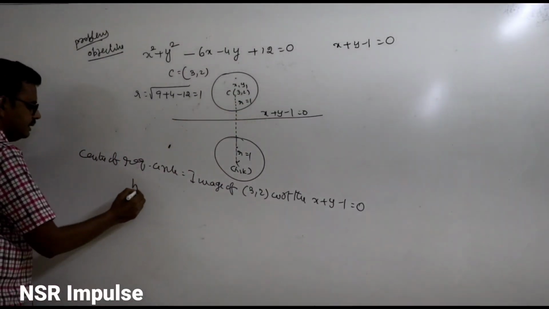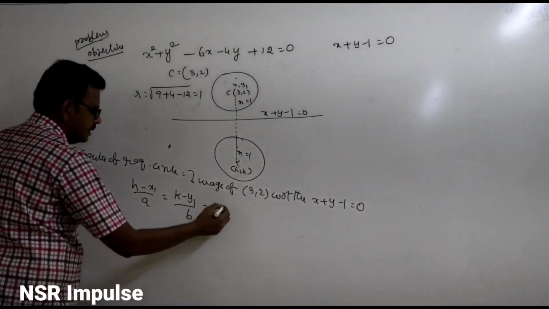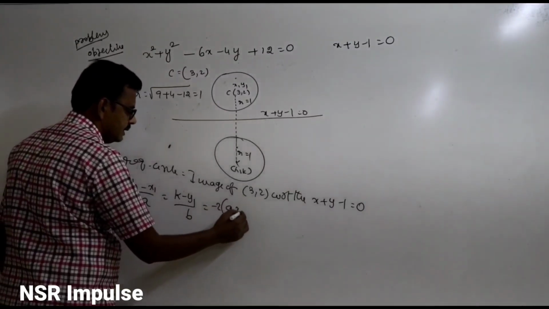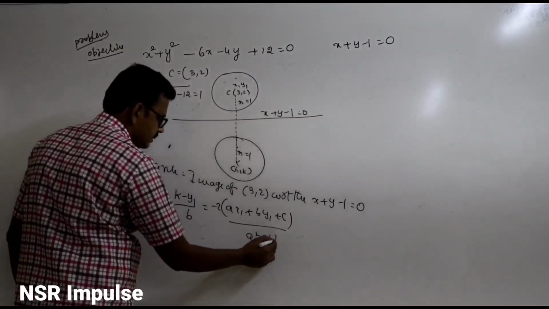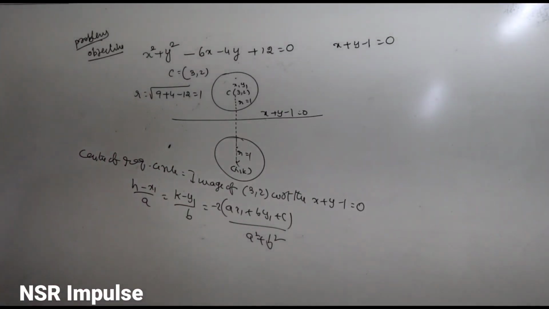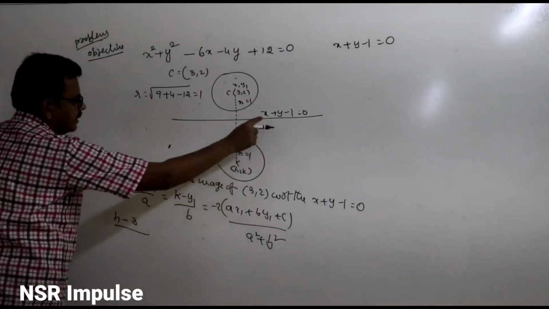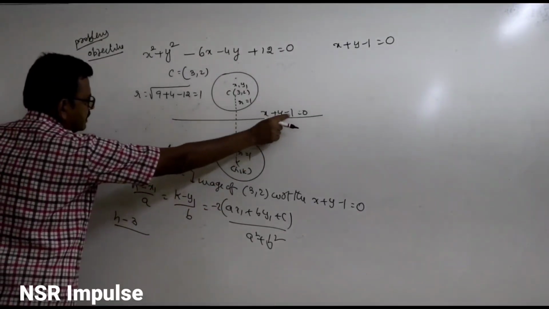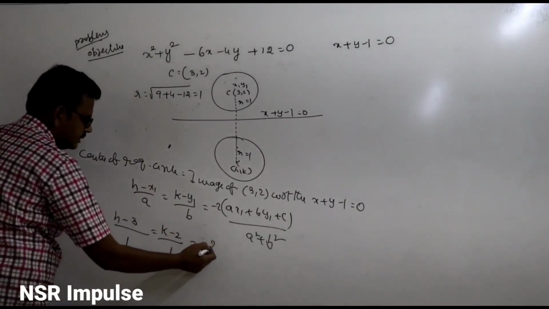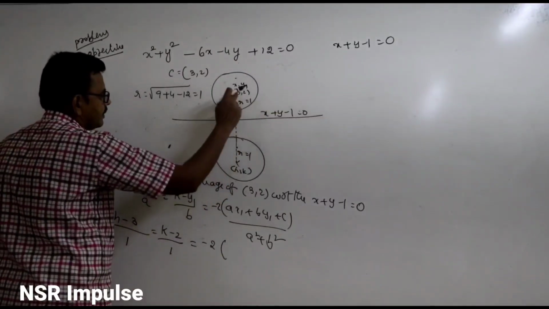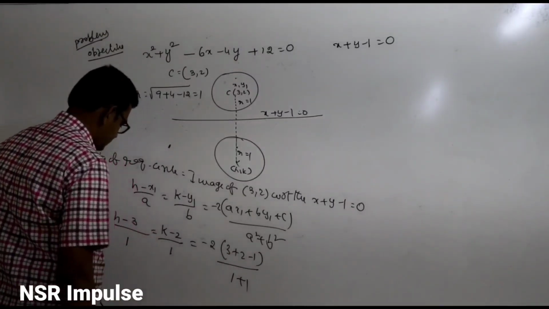Image formula: h minus x1 by a equal to k minus y1 by b equal to minus 2 times of (ax1 plus by1 plus c) by (a square plus b square). h minus x1 is 3 by a is a b c. a is 1, b is 1, c is minus 1, equal to k minus 2 by 1 equal to minus 2 times of (3 plus 2 minus 1) by (a square plus b square).